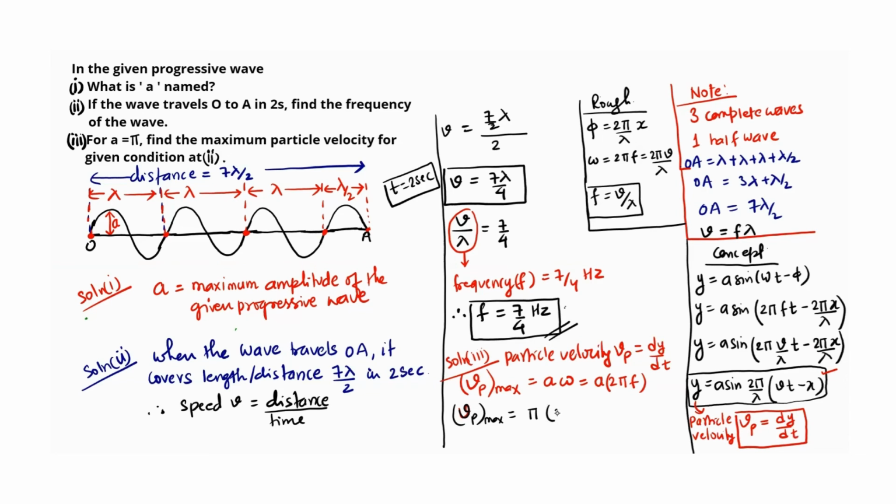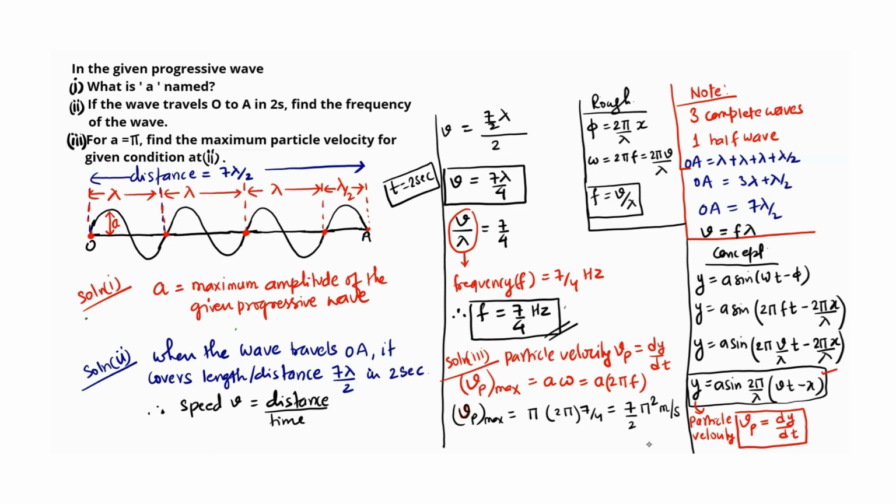And we have twice pi, frequency is 7 by 4. Therefore, we get 7 by 2 times pi square, and velocity is in meter per second.